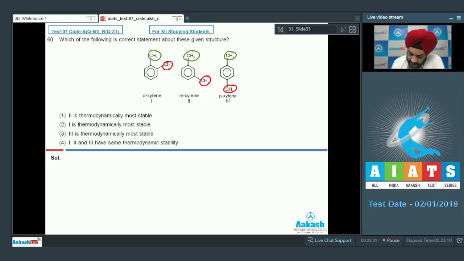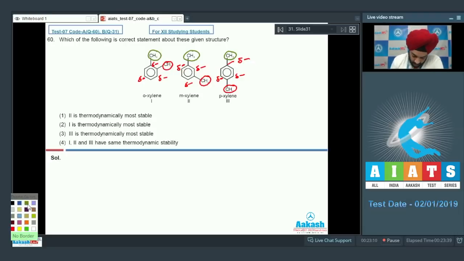Now we can talk about the +H effect exerted by these groups. We'll start with the red ones. The +H effect is felt at the ortho and the para position. So this red CH3 will create delta negative at these positions in the first structure, in the second structure at these positions, and in the third structure at these positions. Okay.